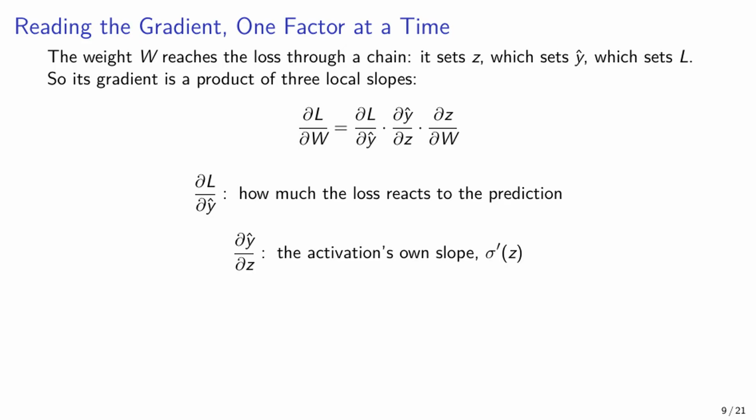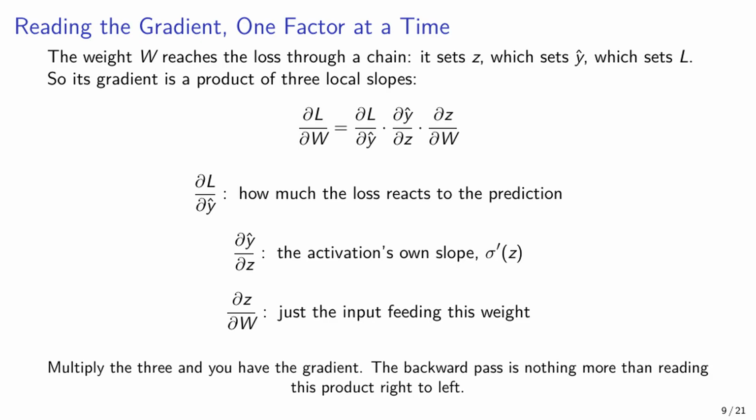The second factor, the partial of y hat with respect to z, is the activation's own slope, sigma prime of z. The third factor, the partial of z with respect to the weight, is just the input feeding that weight. Multiply the three together and you have the gradient.